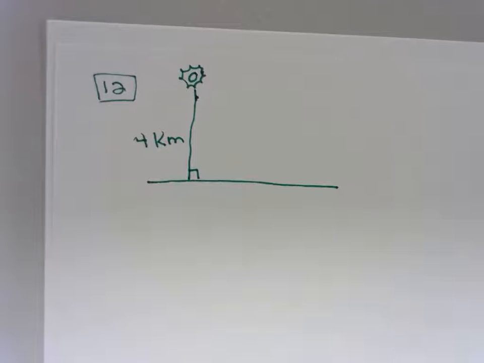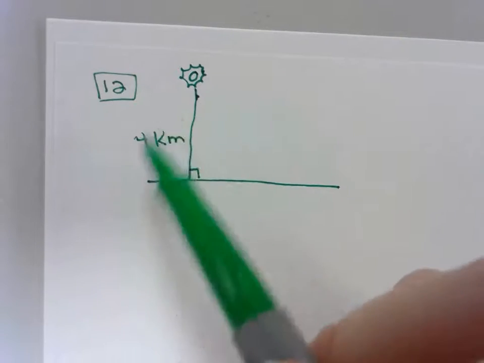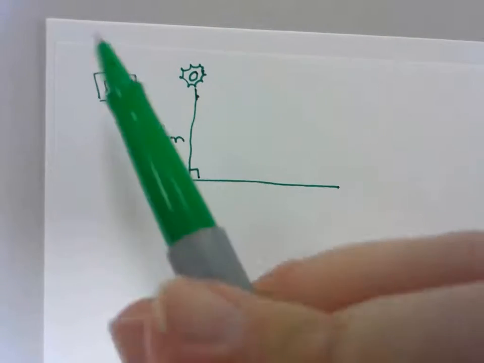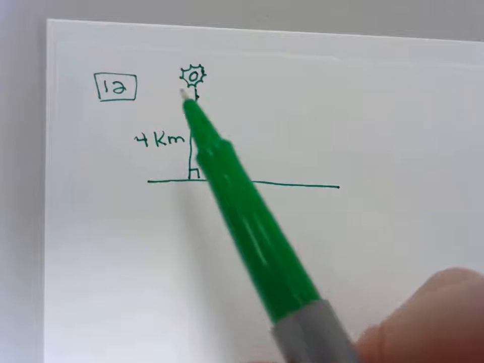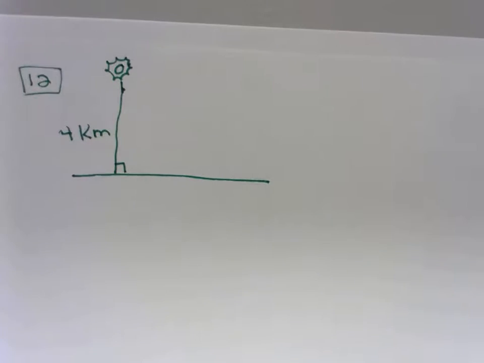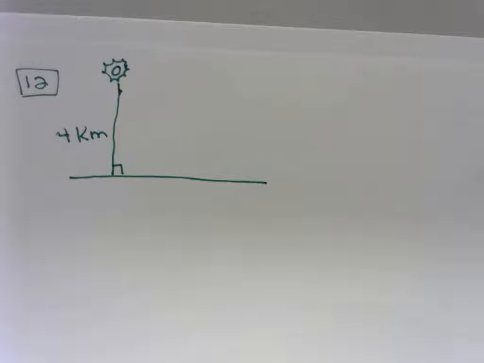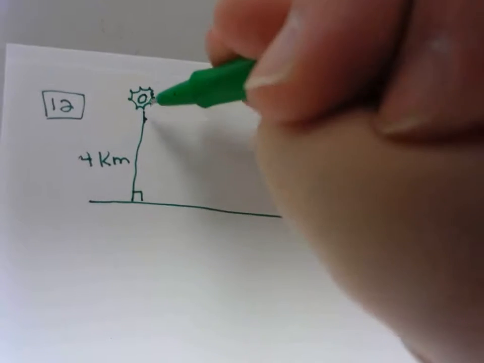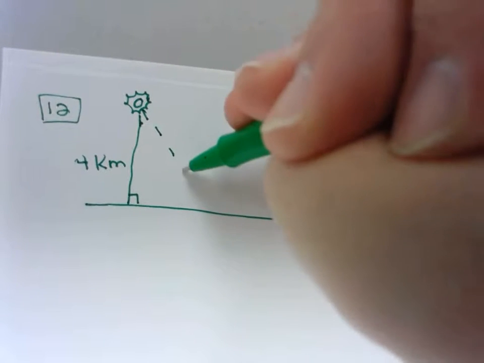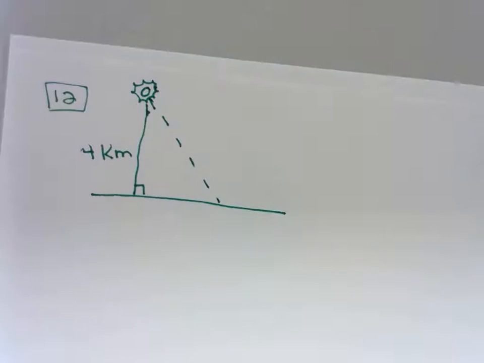So what will my picture look like if I want to know how fast the beam is moving along the shoreline? If I think about a beam shooting out here, and I want to know how fast it's moving across the shoreline, what kind of picture am I going to draw? I'm going to have a triangle. I want to know the distance it's moving across the shoreline.